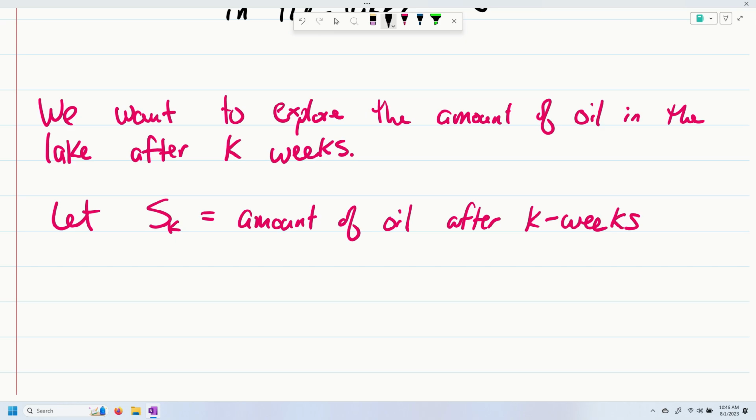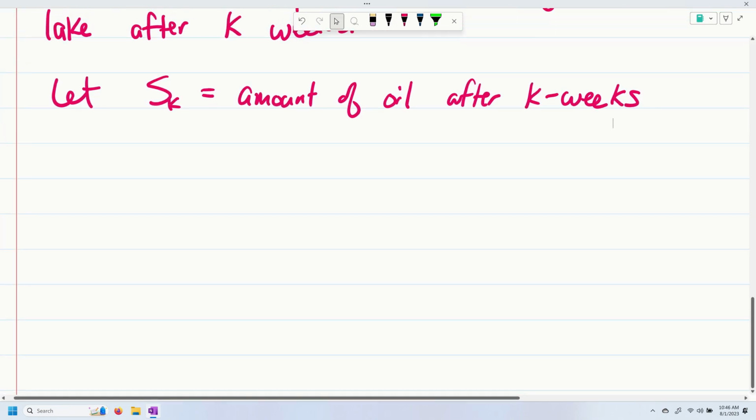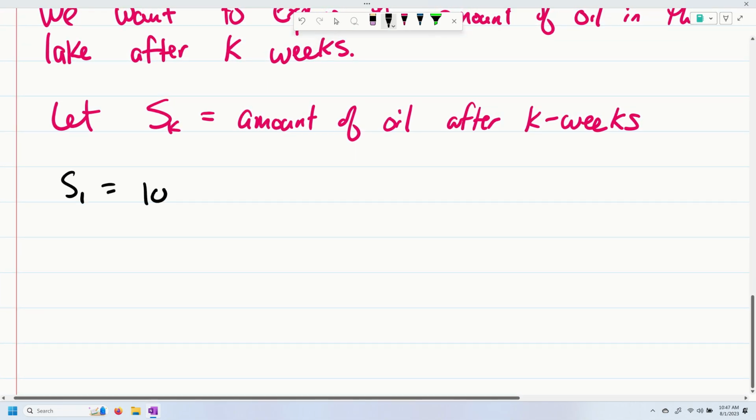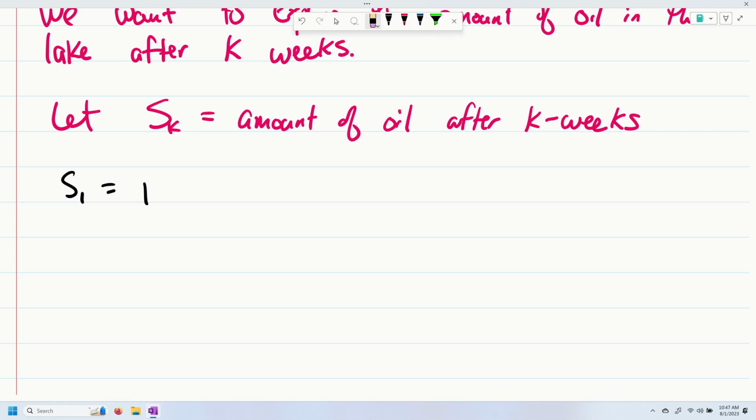So week 1, we have 1,000 gallons, so I'm just going to put it as 1. This is measured in thousands of gallons, to keep the math simple. So week 1, you have 1,000 gallons.